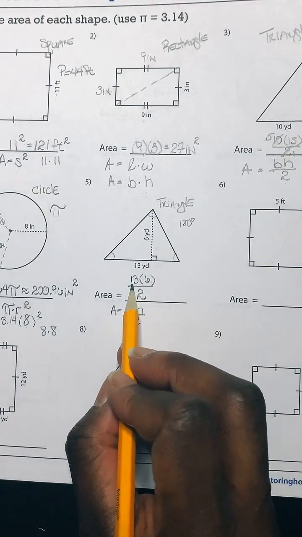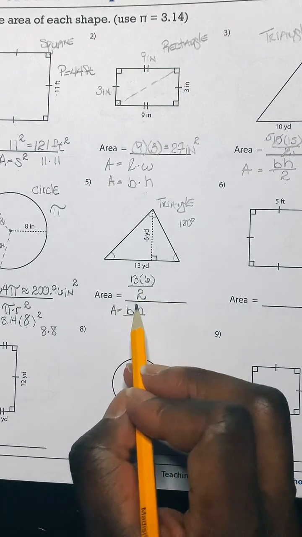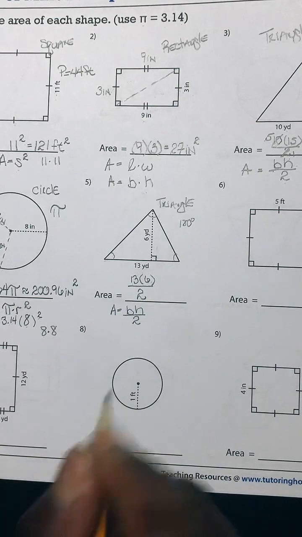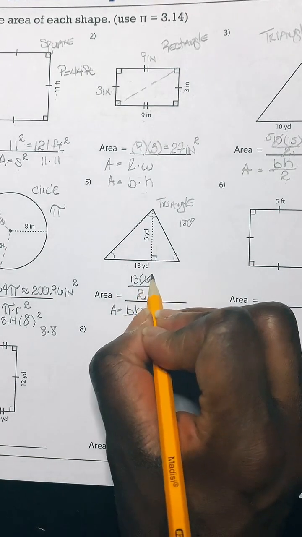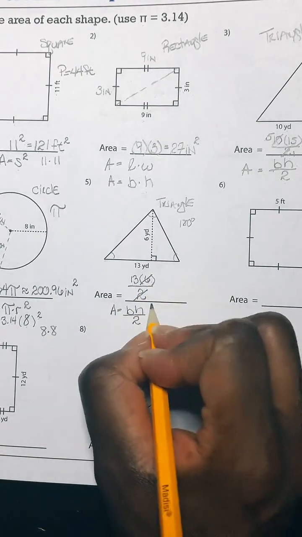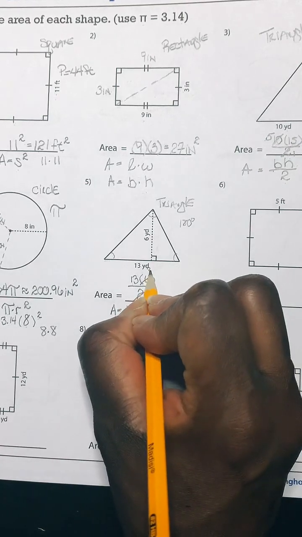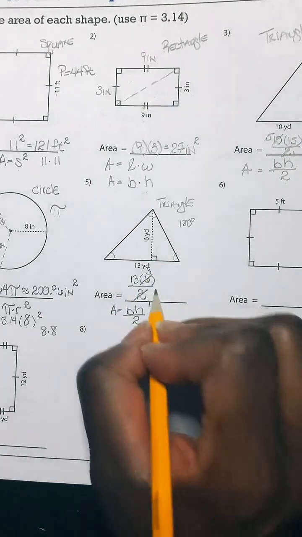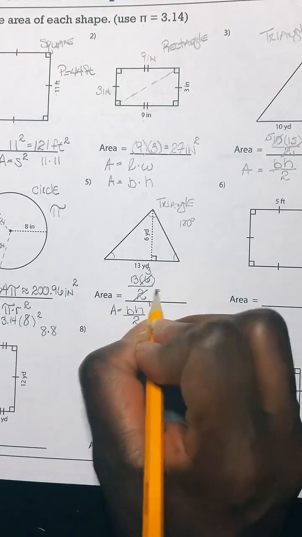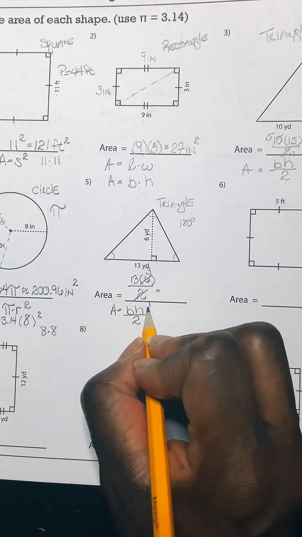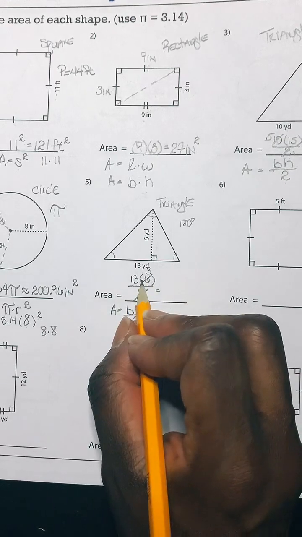So 6 and 2. You can multiply the 13 times 6 and then divide by 2. Perfect. Knock yourself out. That's fine. I like to reduce. So 6 and 2, I know they have 2 in common, so that will be a 1. And this will be a 3. So now I have 13 times 3 over 1, which we all know anything over 1 is going to be itself.